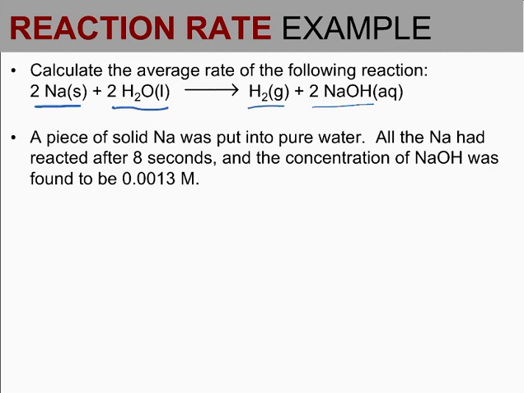Okay, so after the piece of solid sodium was put into pure water, all of the sodium reacted after 8 seconds. And the concentration of sodium hydroxide, our product, was found to be 0.0013 moles per liter. Okay, so let's calculate the rate.